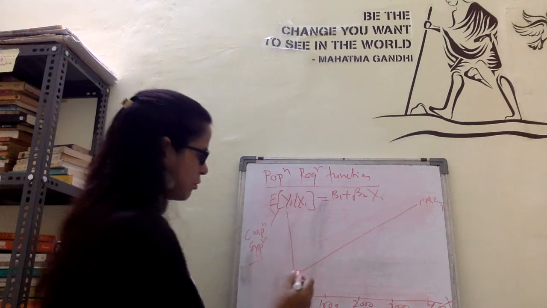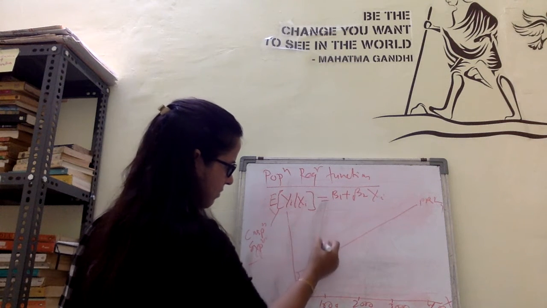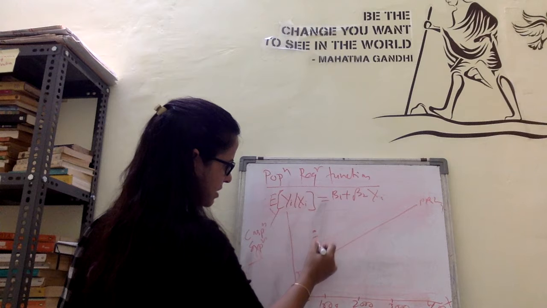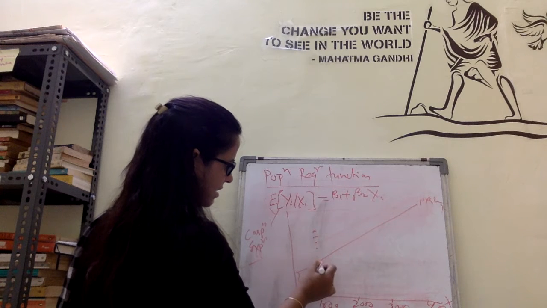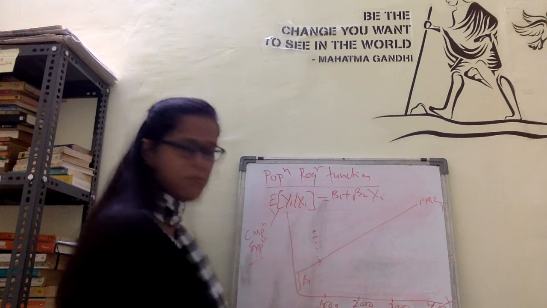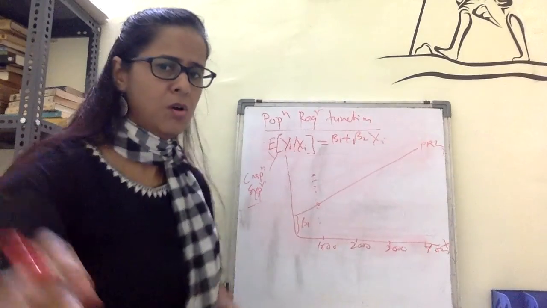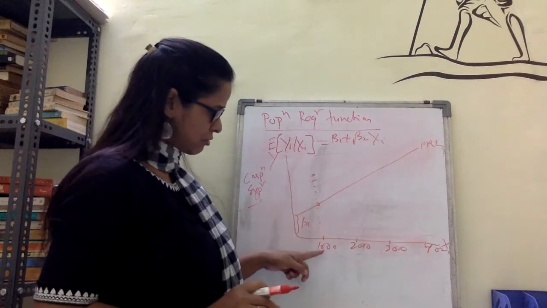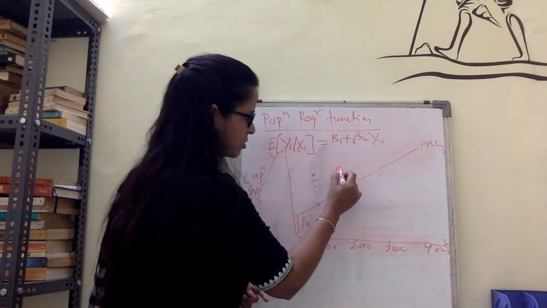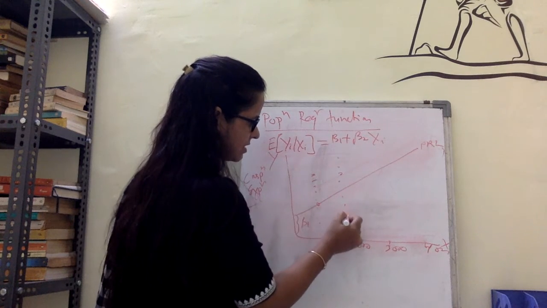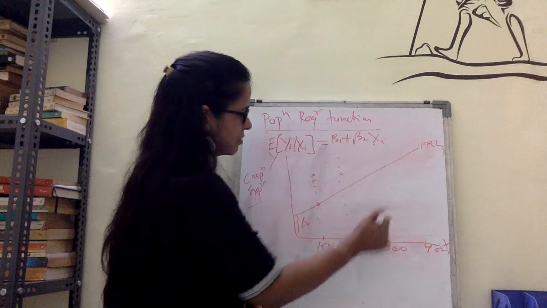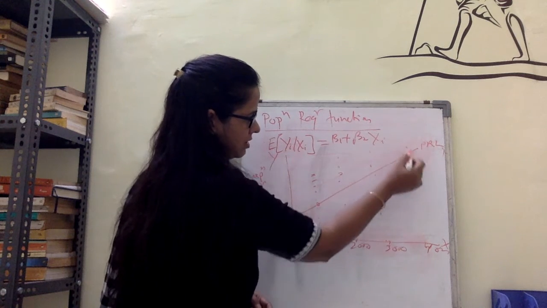Okay, so suppose these are the families whose consumption expenditure is this, and this, whose income falls in 1,000 rupees, and there are some families whose consumption expenditure is these, whose income falls under this 2,000, and so on.